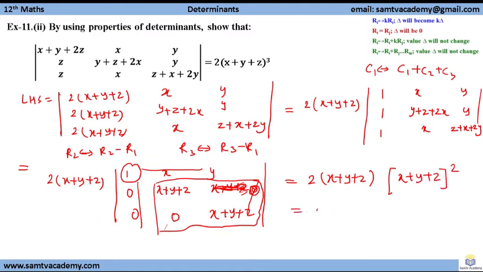So the final answer will be 2x plus y plus z whole cube. So this equals the RHS. Hence we have proved the second part of question 11. Now come to the next question, that is question number 12.